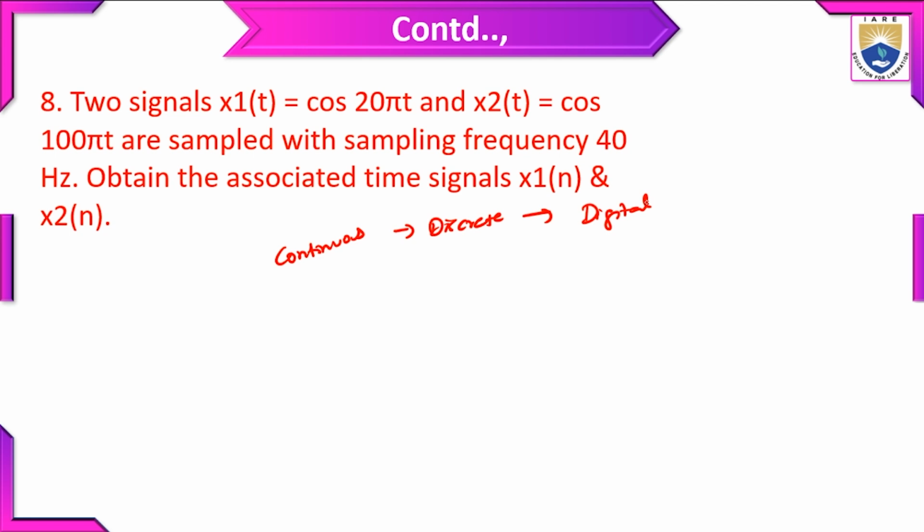In analog pulse, we are going to discretize in time only, not in amplitude. If you discretize both in time and amplitude, then it is the full discrete form. For the pure discrete form signal, you apply coding, then it is converted into a digital one.